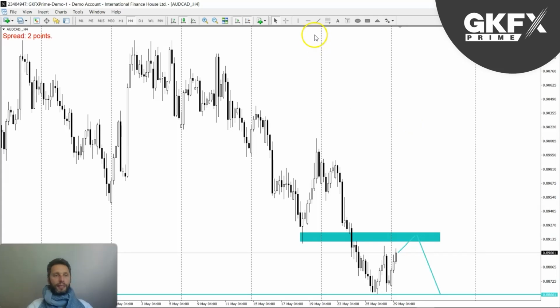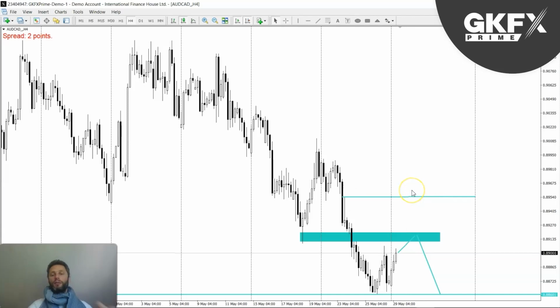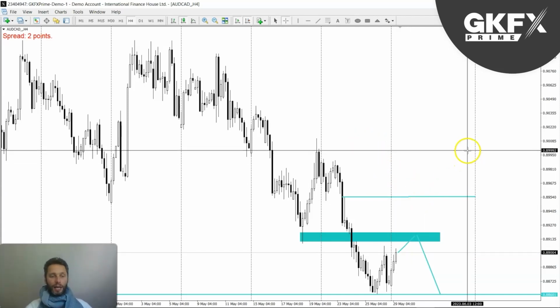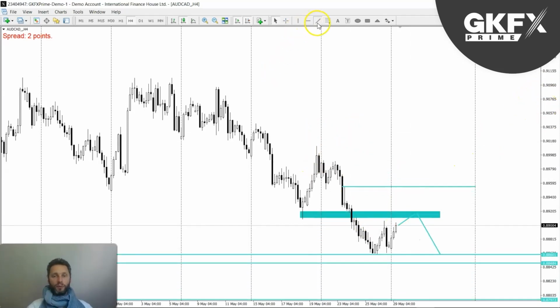Now, what would invalidate the Aussie CAD? Well, we've got a high here that I would not expect it to breach. So that means if price goes beyond this level, then this short idea of selling the Aussie CAD would be invalidated, and I would no longer be interested. We may get choppiness, and we'll see, look for higher prices.